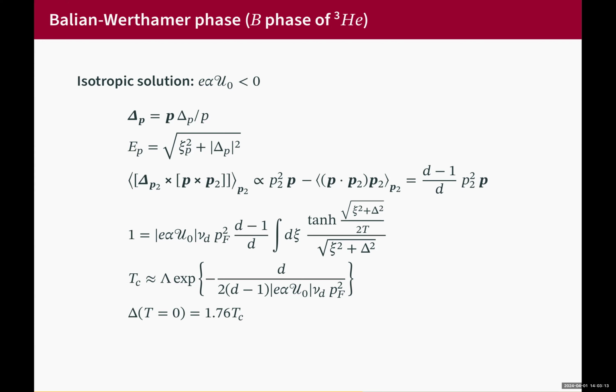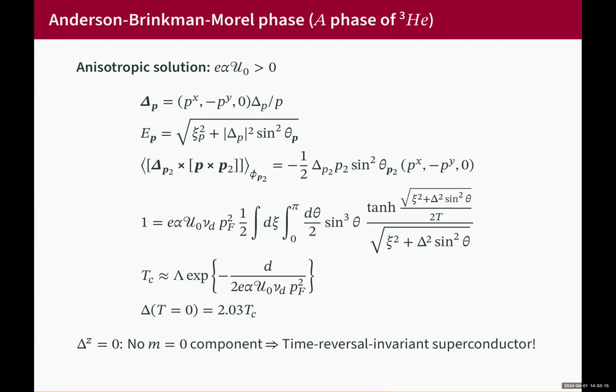But what is funny, there is also another type of solution which is realized for alpha greater than 0. For alpha greater than 0, there is in principle no possibility to get the solution delta proportional to P. But this anisotropic solution really exists, but its critical temperature is different, and the relation between the gap and the critical temperature is altered as well.